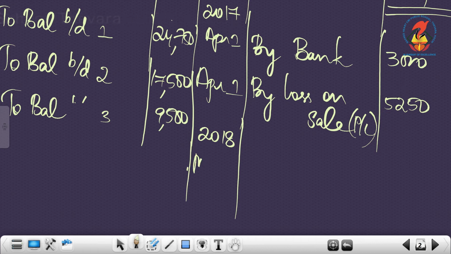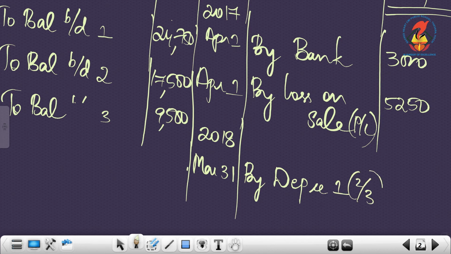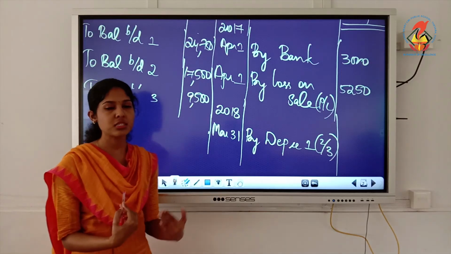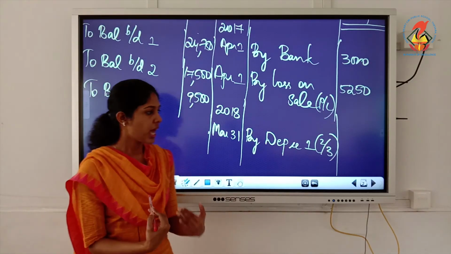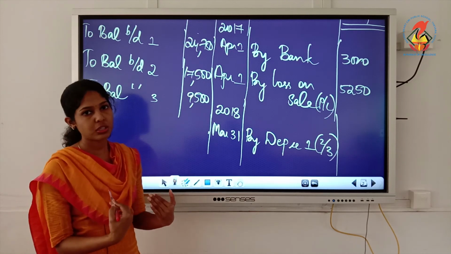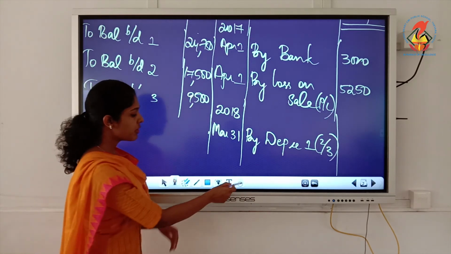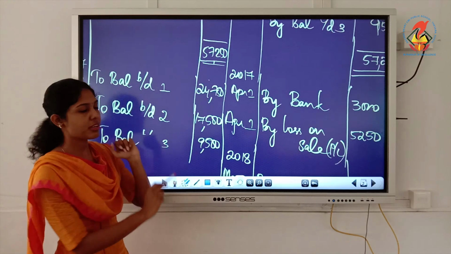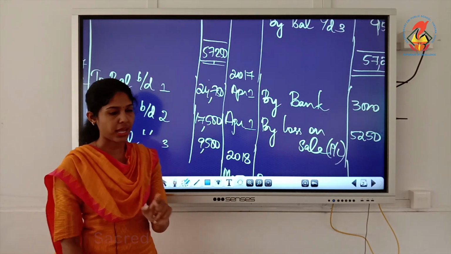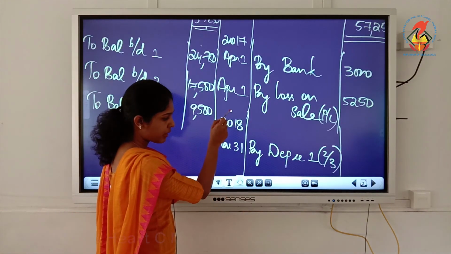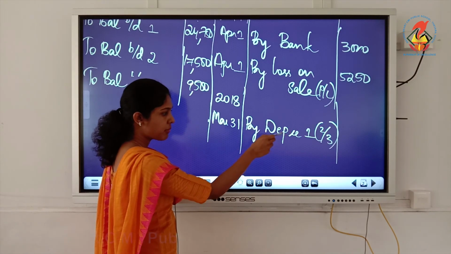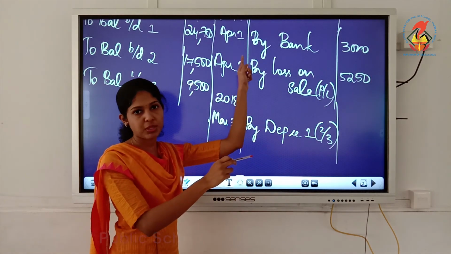2018, the year ending we will write March 31st. By depreciation 1, we are going to compute only on 2/3, because 1/3 we already sold. We have with us only 2/3 of the machinery, and on the 2/3 we are going to charge depreciation. Are we going to compute 2/3 of 24,750? Don't do that. We are following straight line method. Depreciation 1 means you have to see from the previous year.